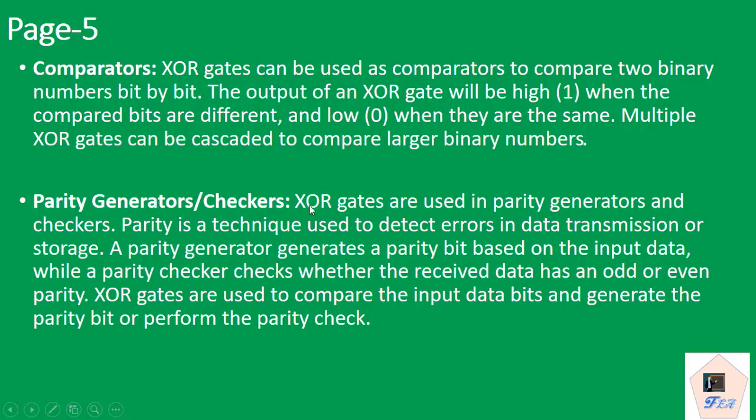Similarly, XOR gates are used for parity generators and parity checkers. For error detection, which is a major requirement in communication systems, parity generators and checkers use XOR gates. Whenever in digital communication we send any information signal in terms of zeros and ones, error correction coding plays a very important role, and there the XOR gate is a must.